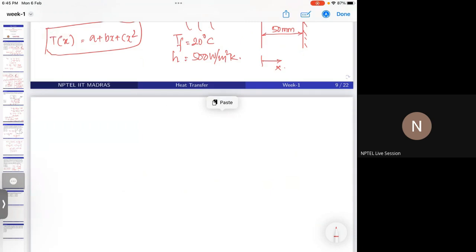So just start with the general heat conduction equation, that is d square T by dx square plus d square T by dy square plus d square T by dz square plus q dot by k is equal to 1 by alpha dT by dt. Here I am writing q dot as heat generation.